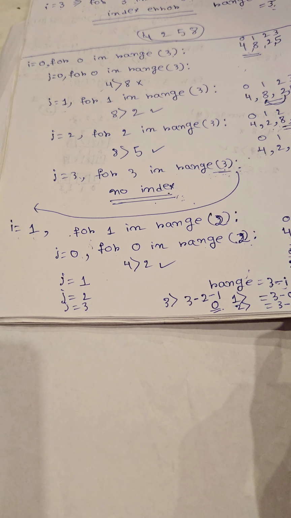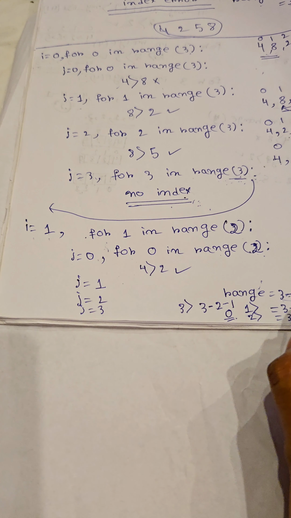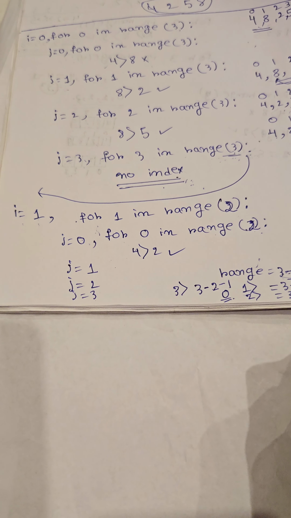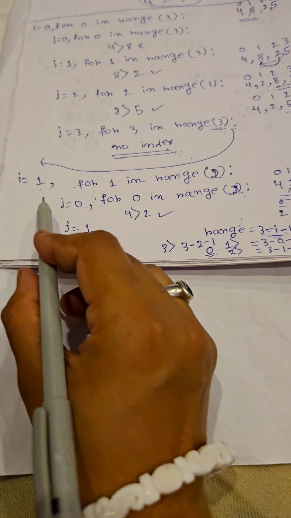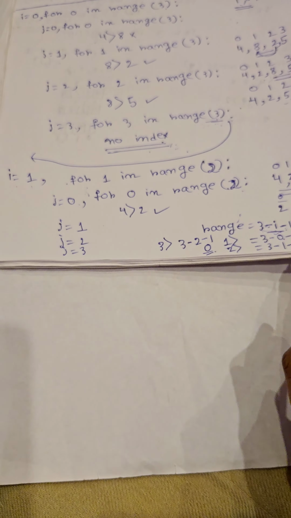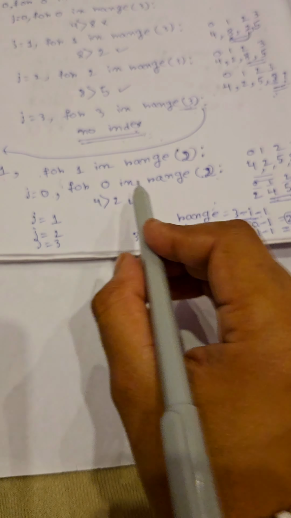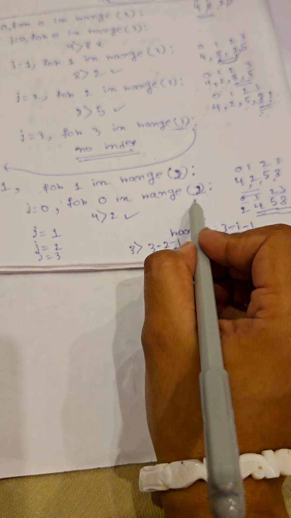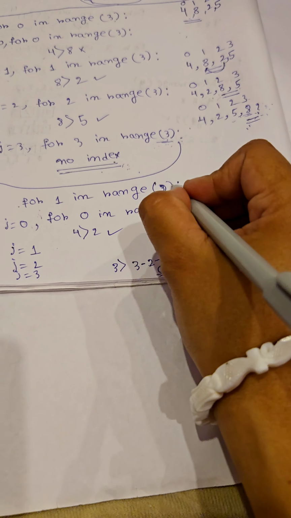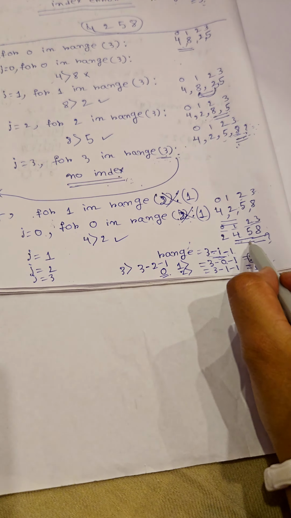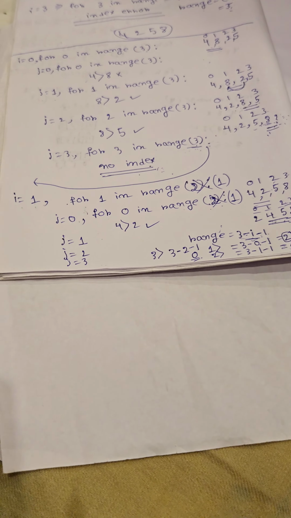To prevent that, we are writing 3 minus i minus 1, so that for the next iteration when i equals 1, the value will be 1, and it will check j in range 1, and then we can get the result.